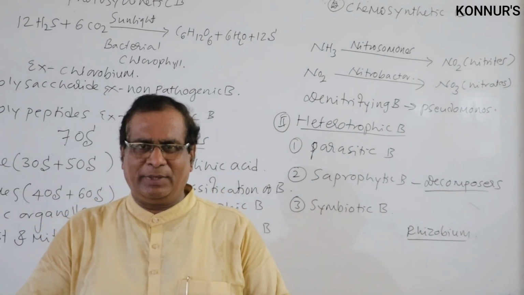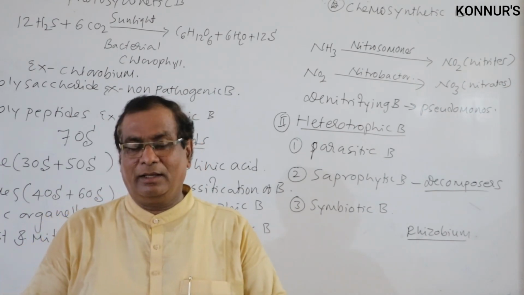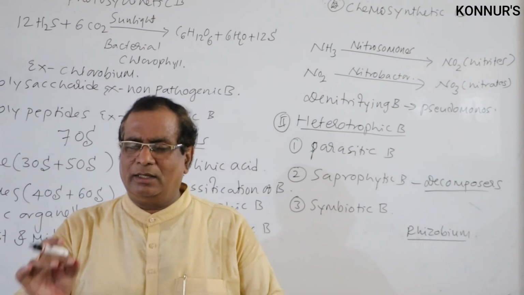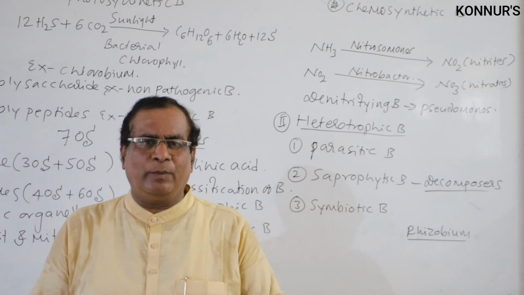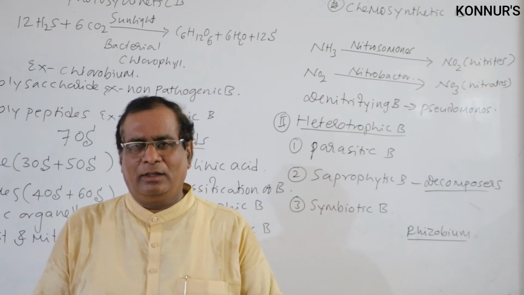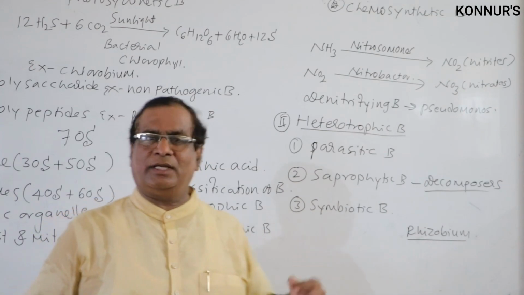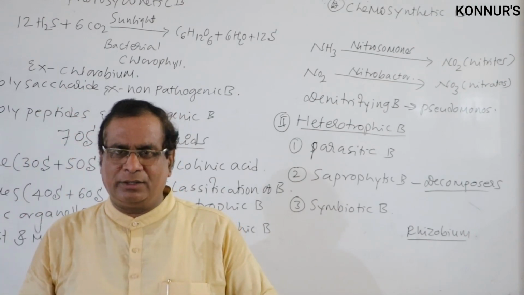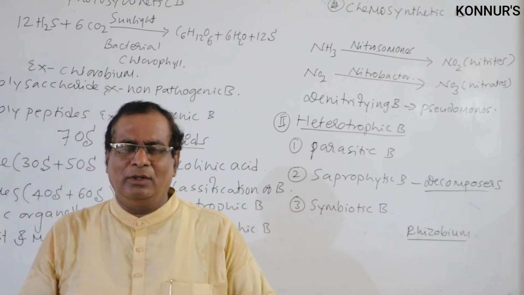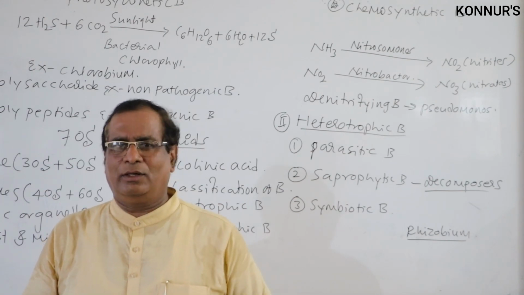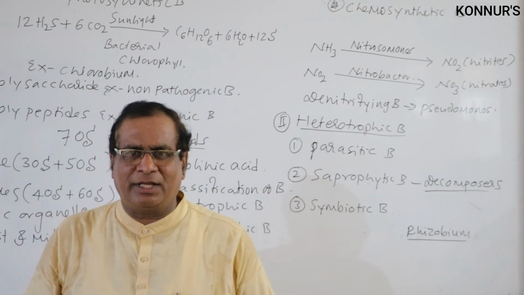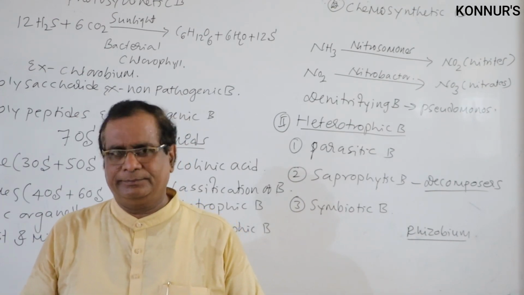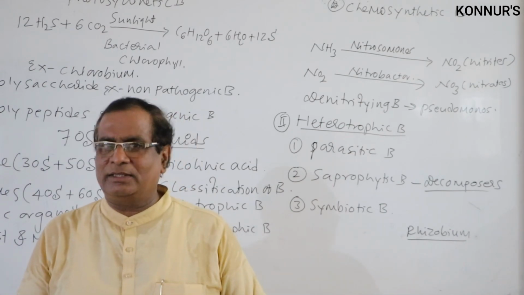Its development takes place in the root nodules of leguminous plants. It fixes atmospheric nitrogen, converts it into nitrate, and supplies it to the plant. On the other hand, it gets shelter and food from leguminous plants, for example pea.